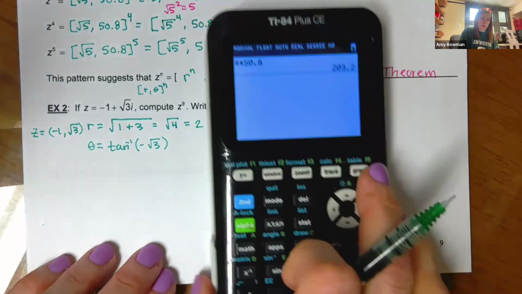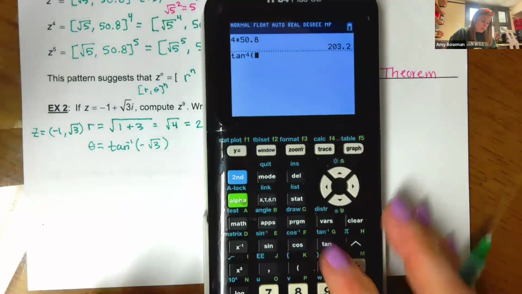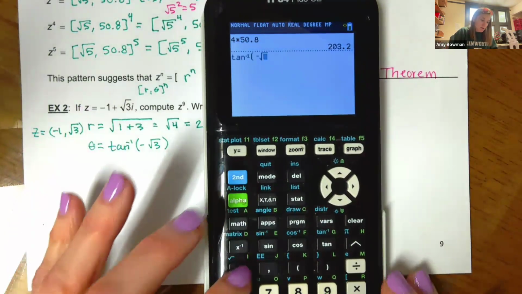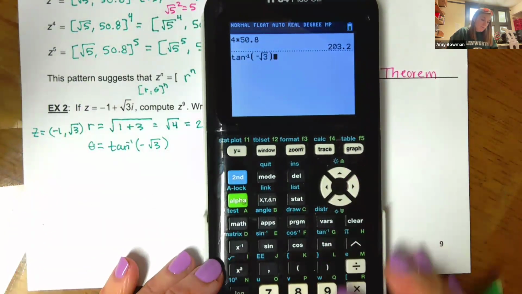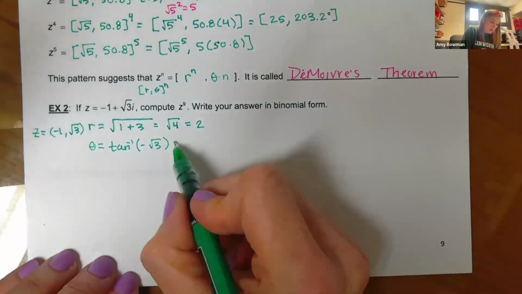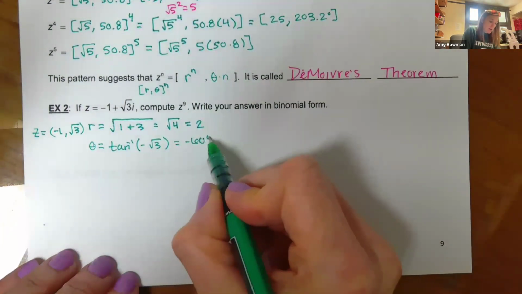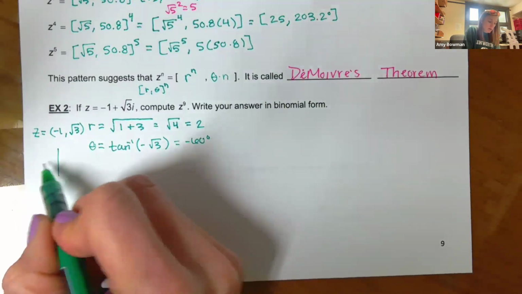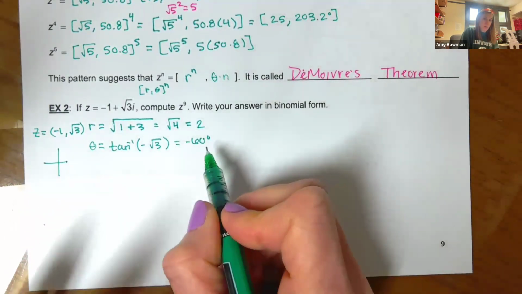All right, so we can find the value of theta using inverse tangent of negative root 3. We get -60 degrees. So let's think about that. This ordered pair, don't forget, when you're computing theta, it's just a reference angle.